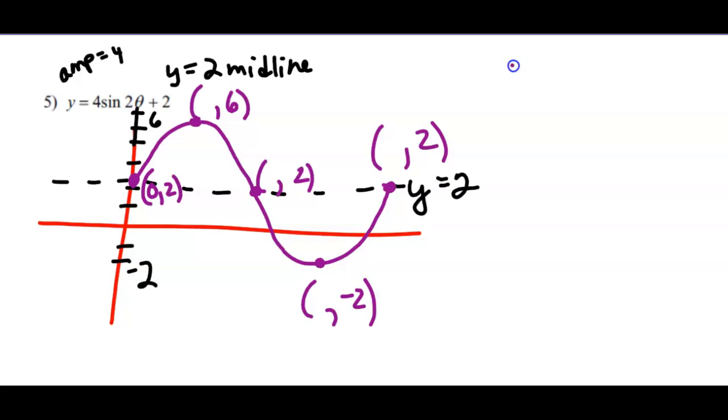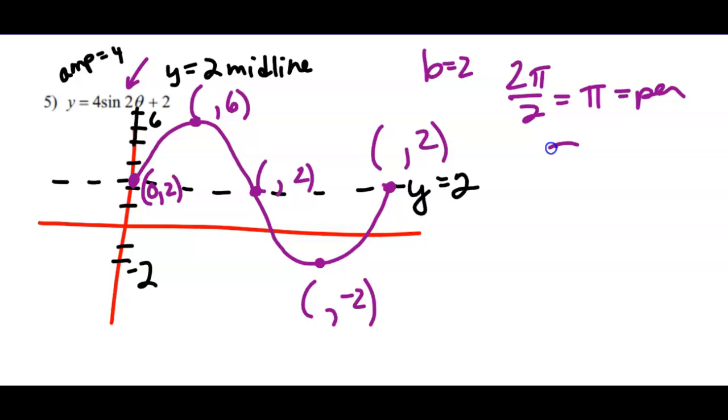All right, now the period is 2 pi. B was 2 in the equation right there. So 2 pi over 2 makes the period pi. But our quarter points occur at 1/4 of that.